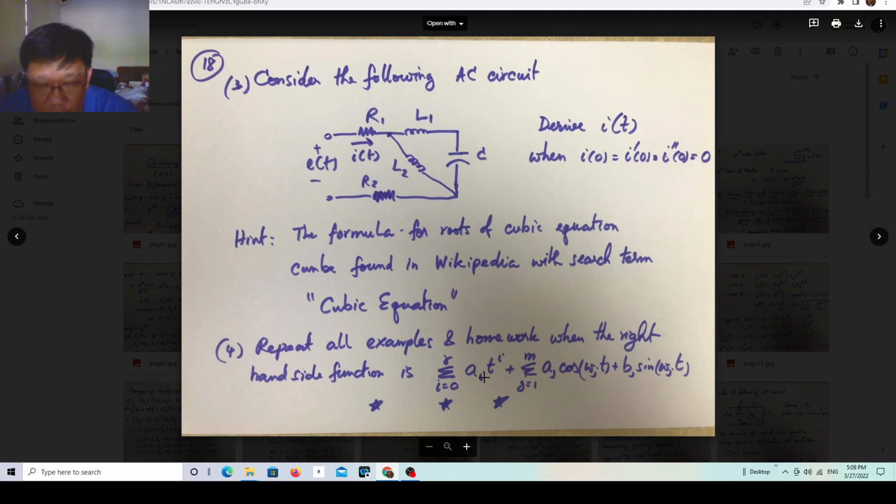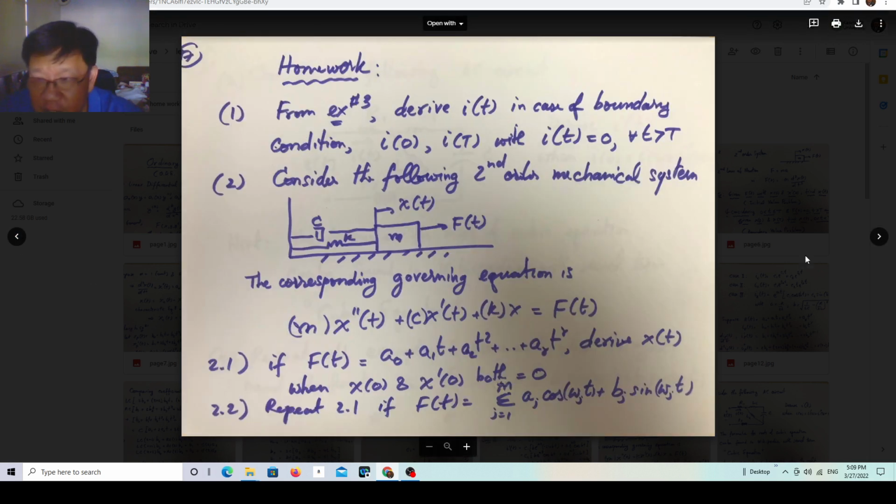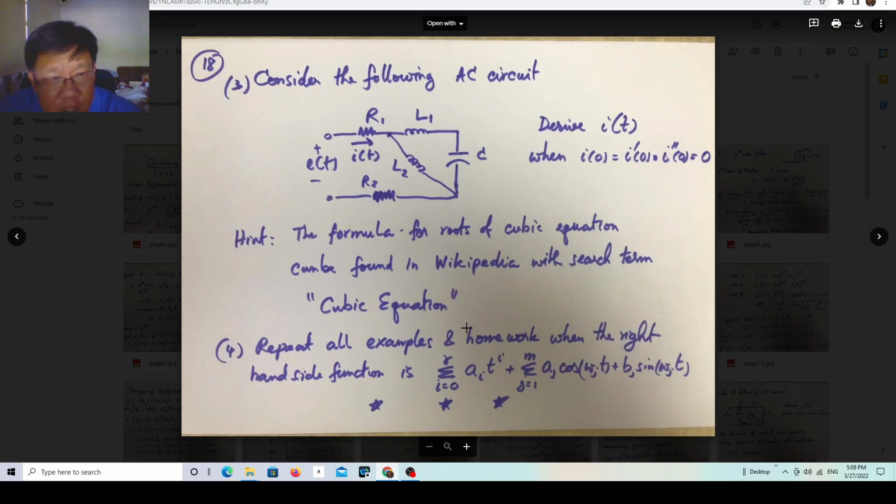Suppose that you have all of this together in one example, how will the solution look? So you can go back and refer and try to practice thinking about this.